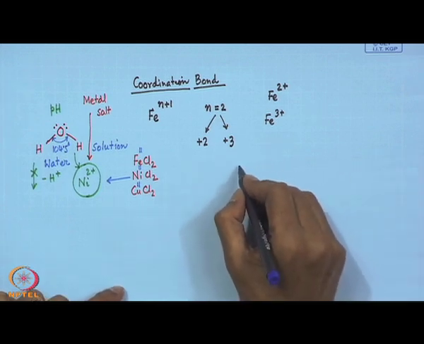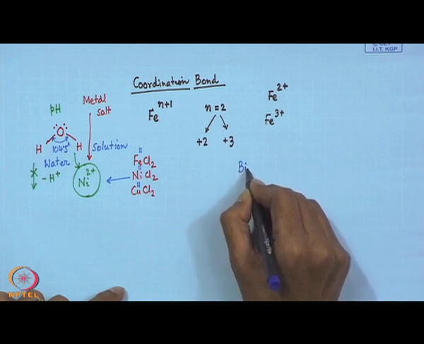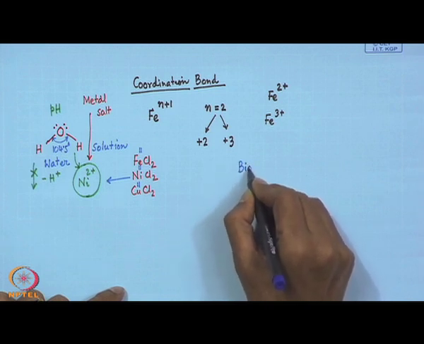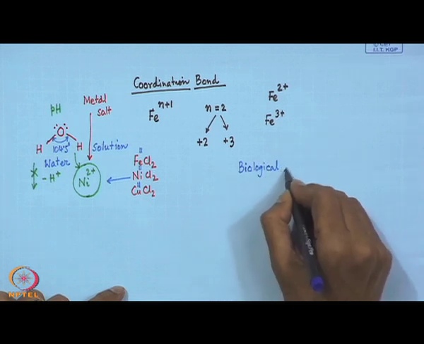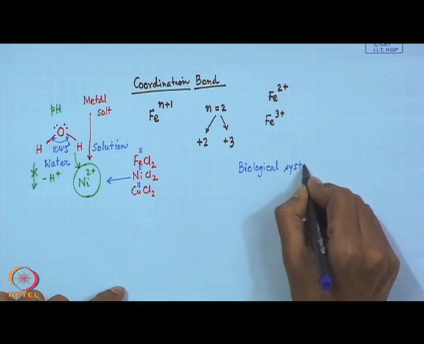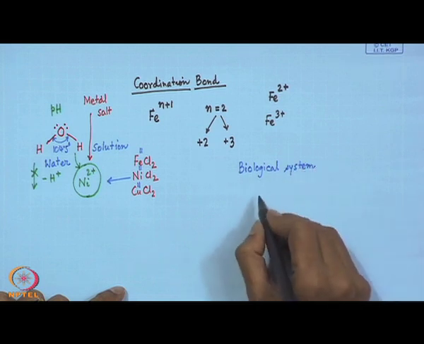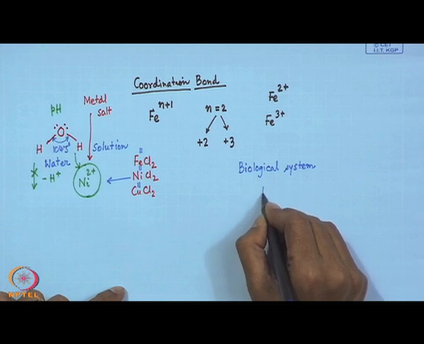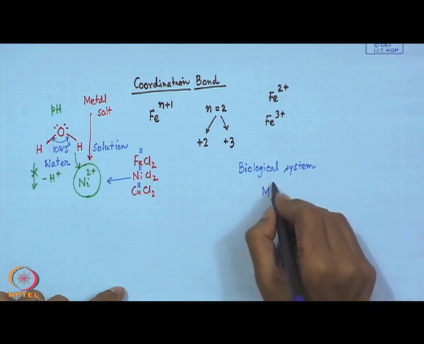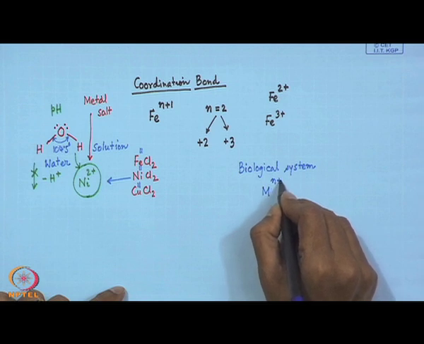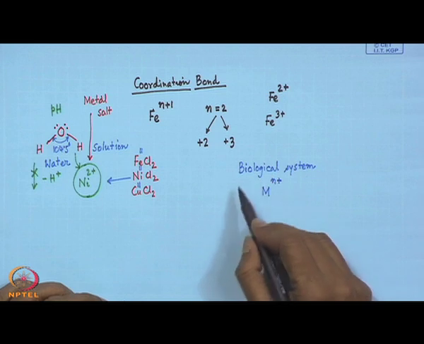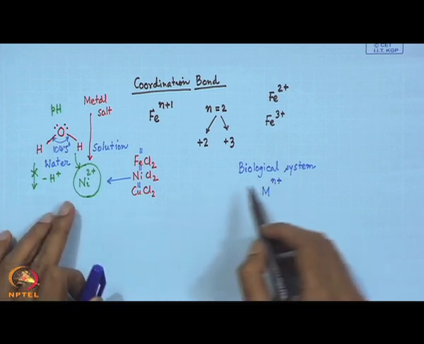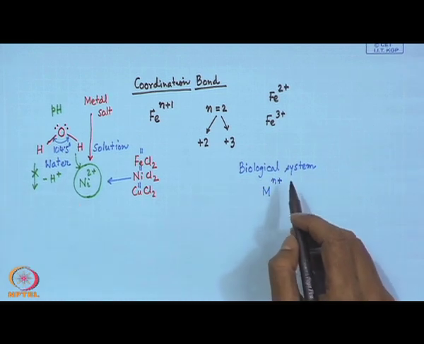Similarly, in our system or any biological system, any living organism, in our body also. So, if we have any biological system where the metal center is present, say M is present in some oxidation state, n can be 2, 3 or anything. So, in a biological system, the environment is very much related to the water environment.